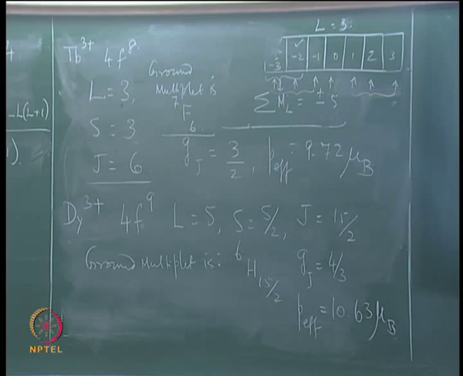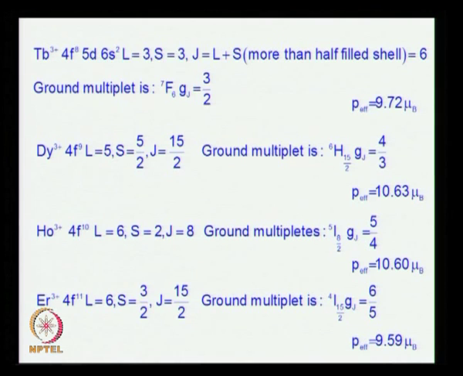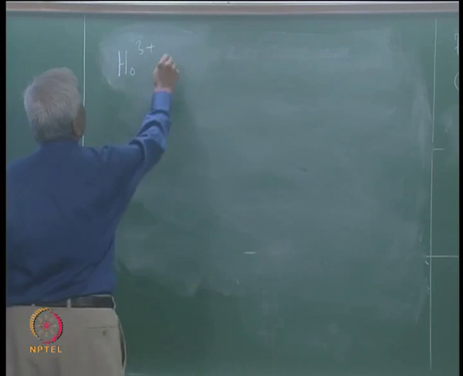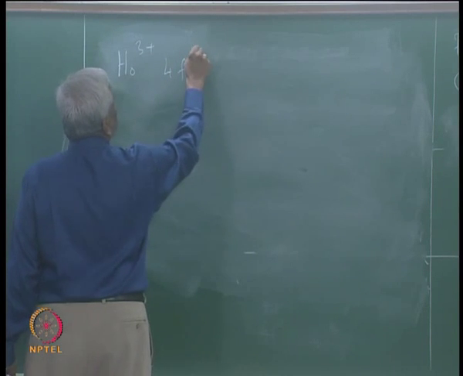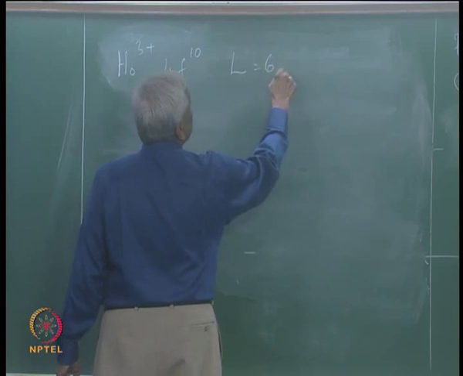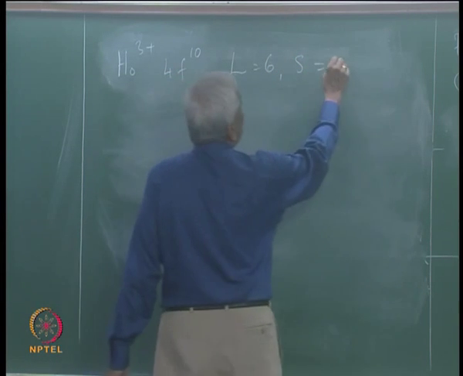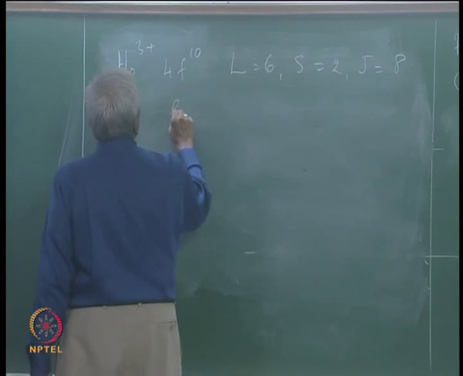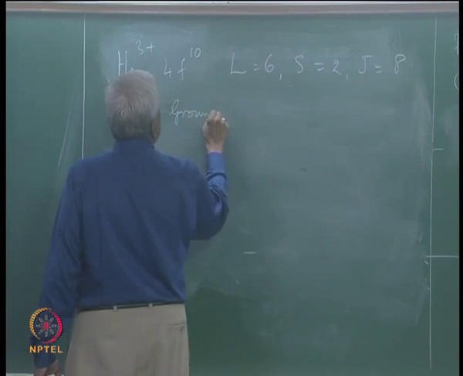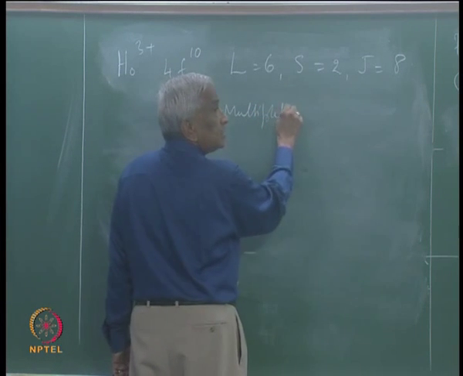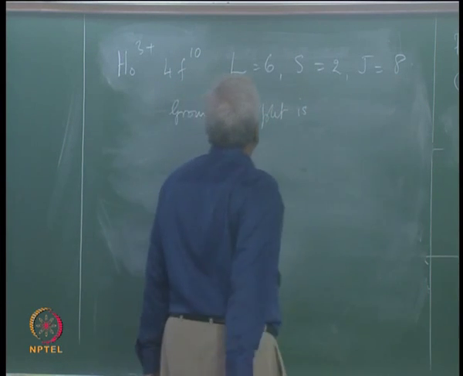In the same way, one can verify the case of holmium 3 plus, which has 4f10 and the L value is 6, S value is 2, J value is 8. So, the ground multiplet is 5I8.